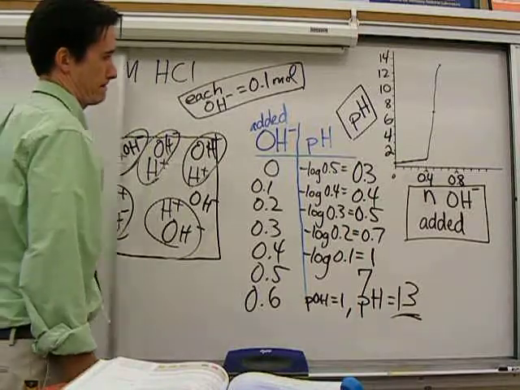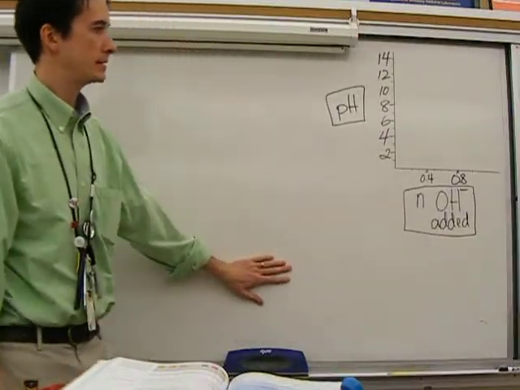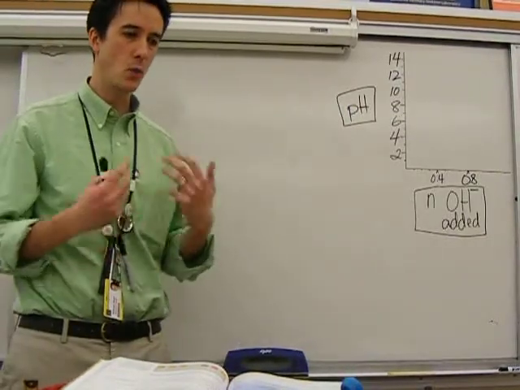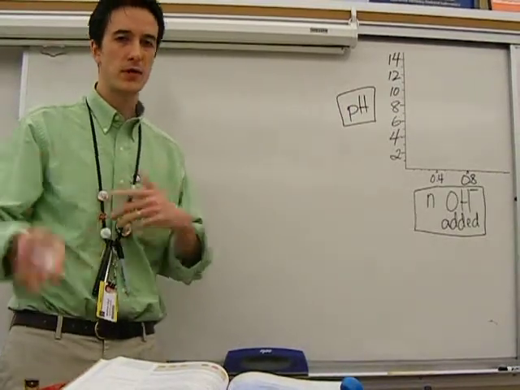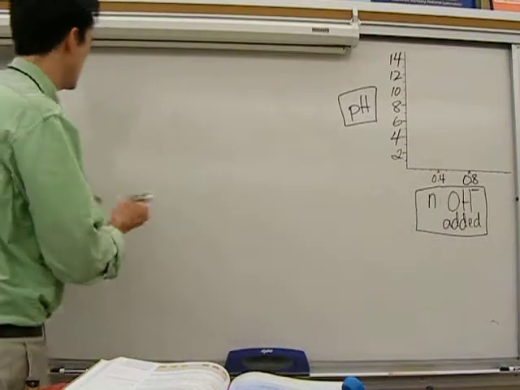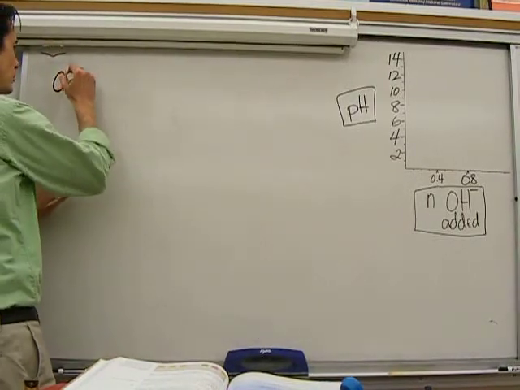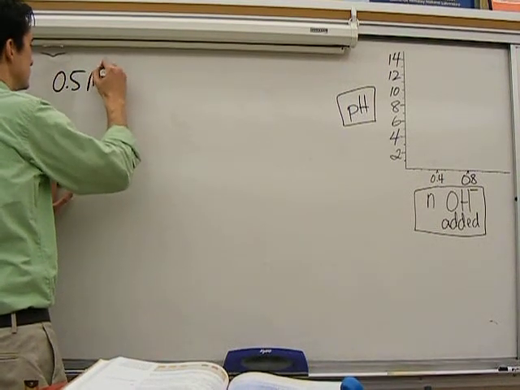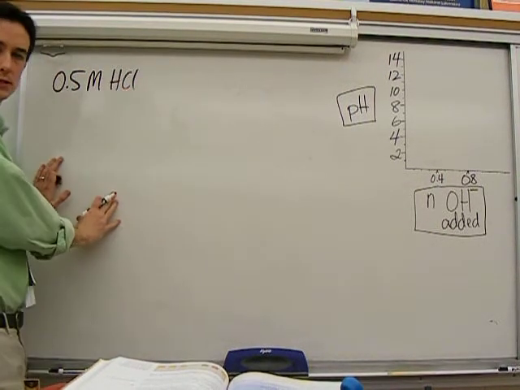Now, let's make it a little bit more interesting. Right? We'll think about what other things we can put in there. So let's still deal with 0.5. All right, let's still start with that.